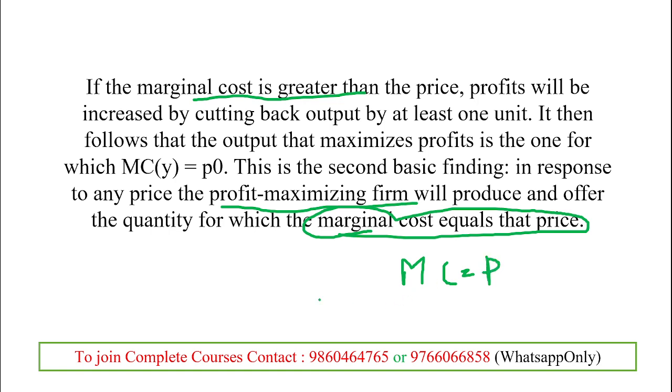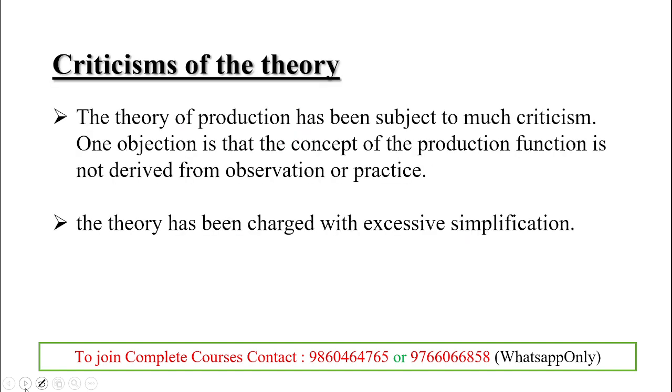In both cases, when MC is less than price, the firm earns profit, and when MC is greater than price, it makes a loss. Whenever MC equals P, the firm offers a quantity that maximizes profit. This is the case of short run profit maximization.